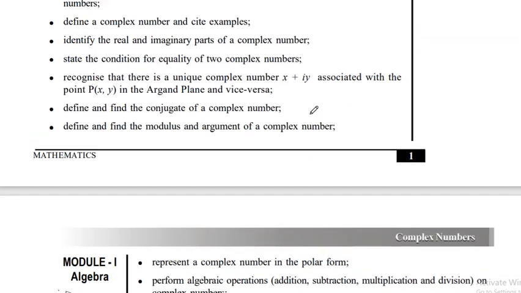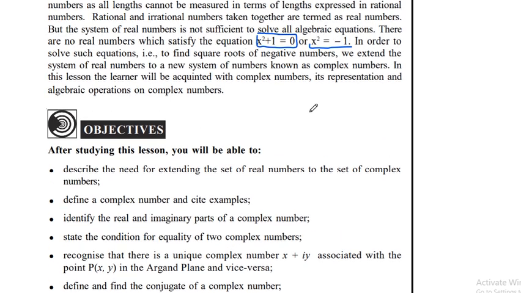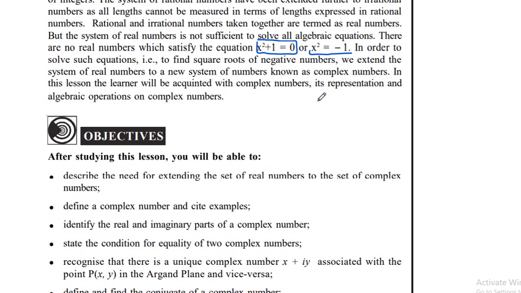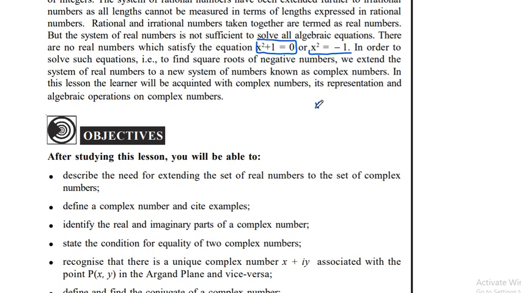Basically, if I solve this, x will become square root of -1, right? If I take the square root on both sides, this square root of -1 is defined as iota. We pronounce it as iota.